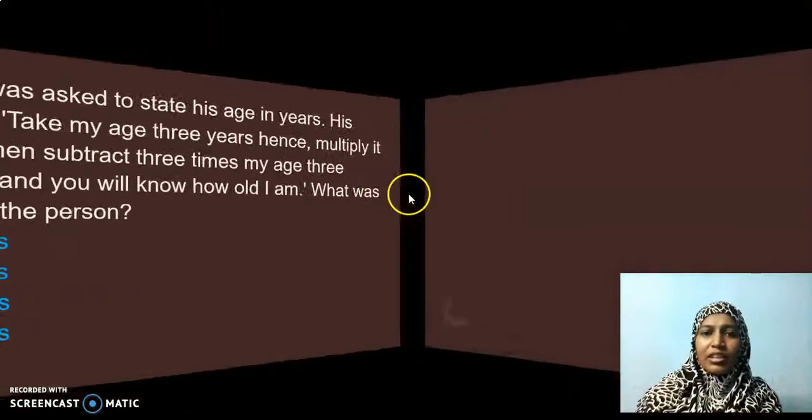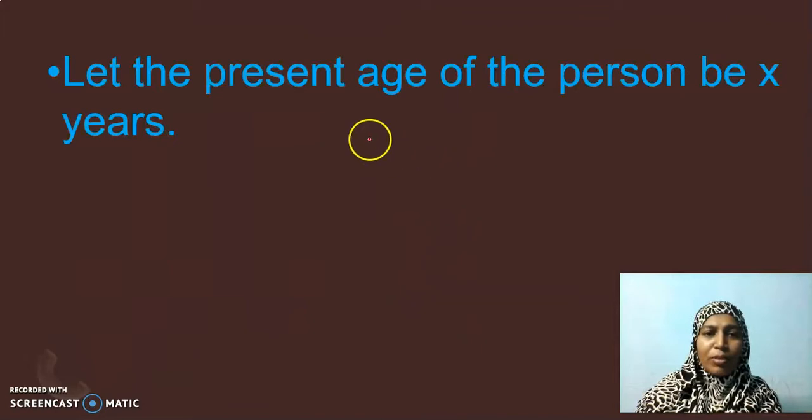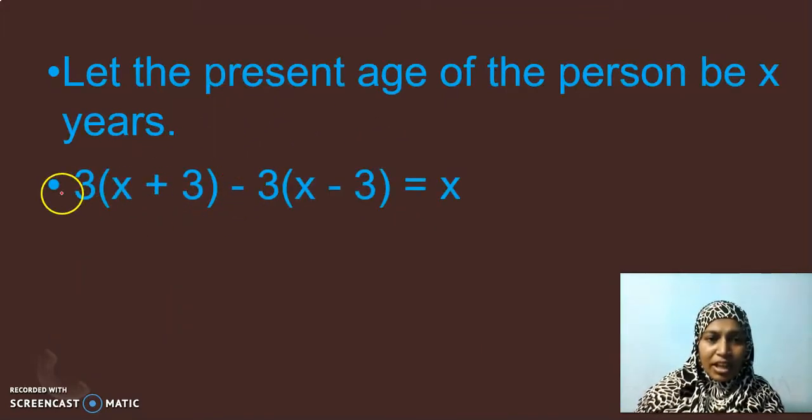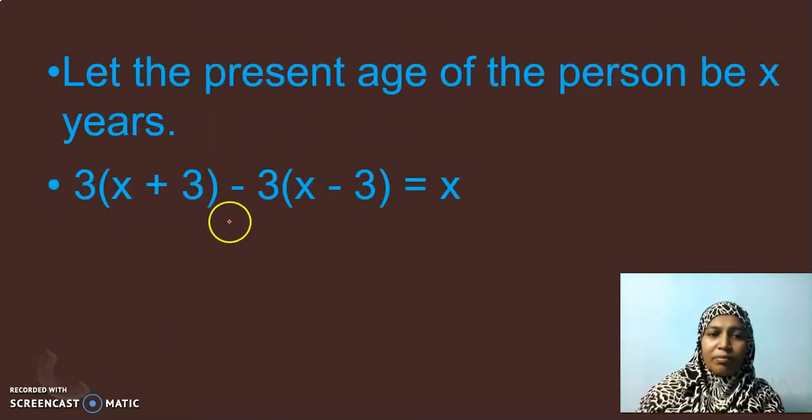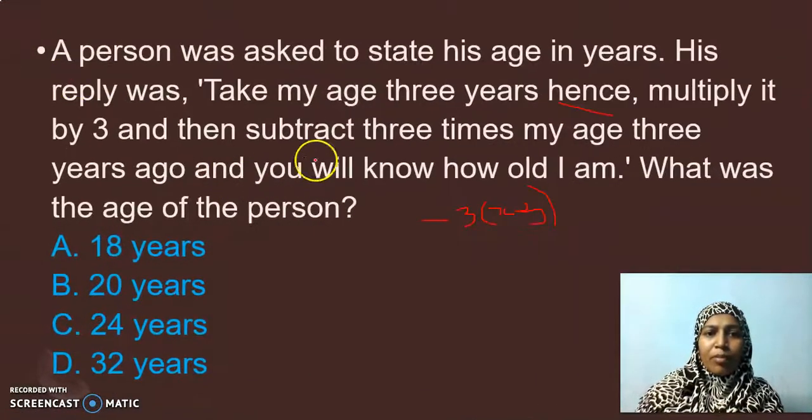Is it clear? So our equation will be 3 times x plus 3, subtracted by 3 times my age 3 years ago. Hence means afterwards. That's what I said. 3 years hence means x plus 3.